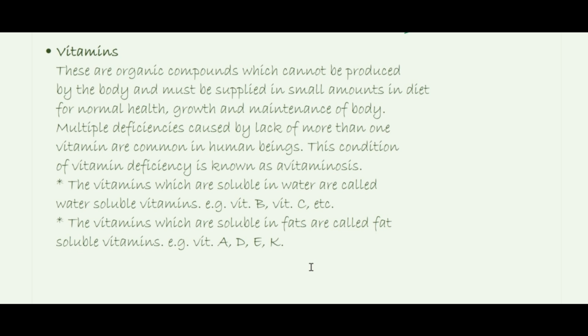We supply them by our diet or medicines for the maintenance of our body. Multiple deficiency caused by the lack of more than one vitamin is common in human beings. This condition is known as avitaminosis.